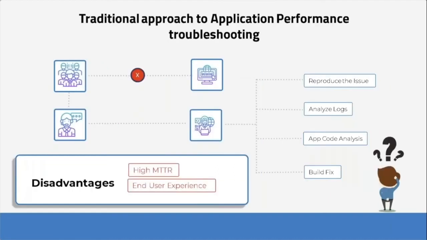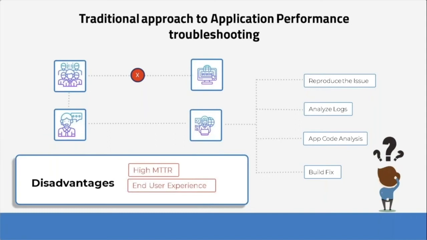Now, the traditional approach to troubleshooting this sort of issue is the end users complaining to the help desk team, who in turn reach the application or the server team, where the issue has to be reproduced, the logs have to be analyzed, and code level debugging has to be done before a fix can be provided.